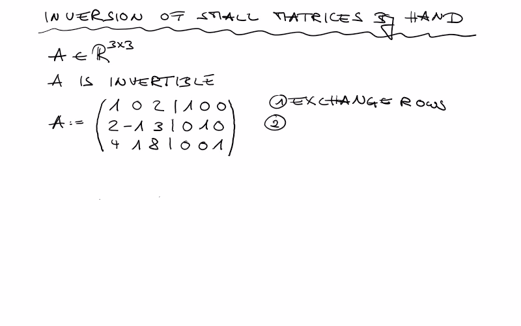Second operation that is allowed, multiply a row of A by a scalar number. And the third operation that is allowed is adding or subtracting a multiple of another row of A from any row of A.